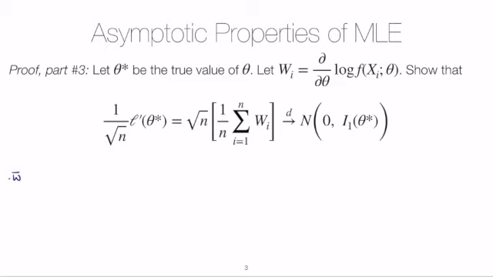We know that the central limit theorem tells us that if we have a sample mean and we subtract off the expected value of that sample mean and we divide by the standard deviation of the sample mean, so I'll just write it as standard deviation of W bar, this quantity under certain conditions by the central limit theorem will converge in distribution to a standard normal, a normal 0, 1.